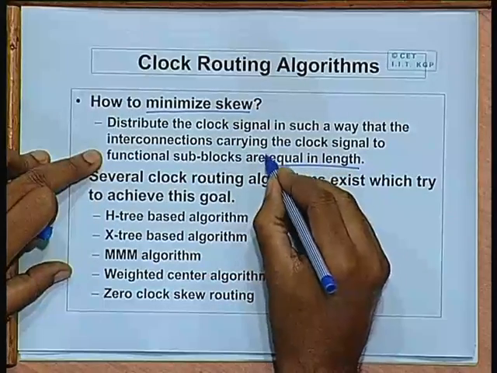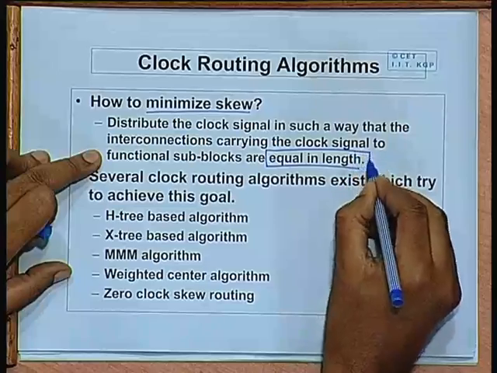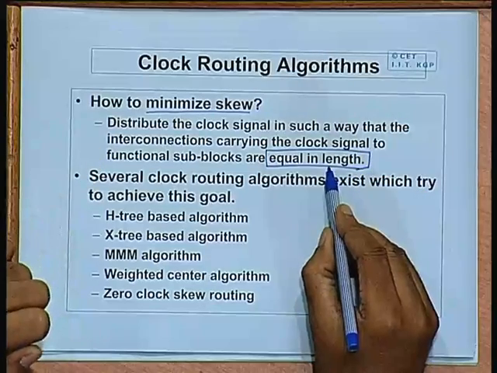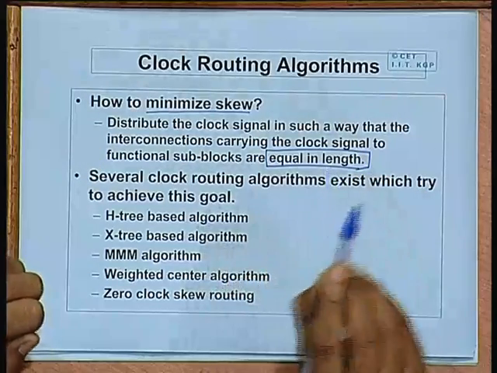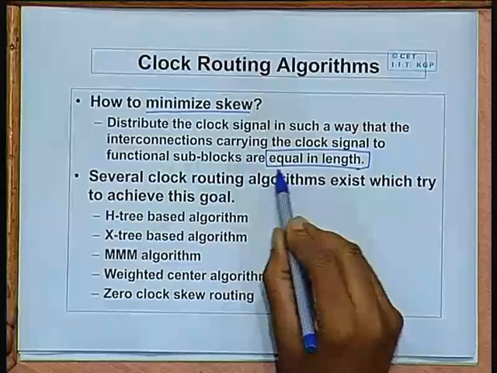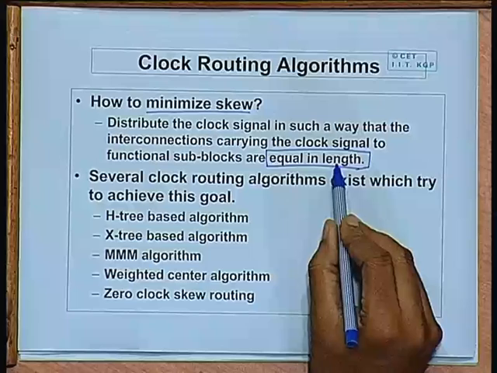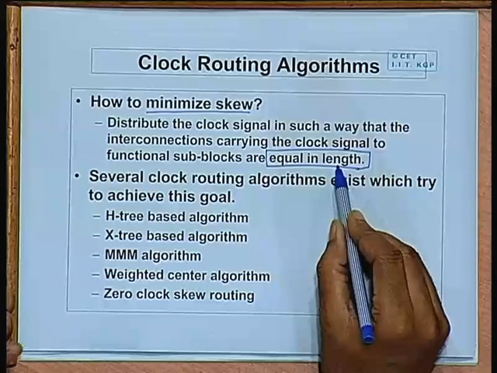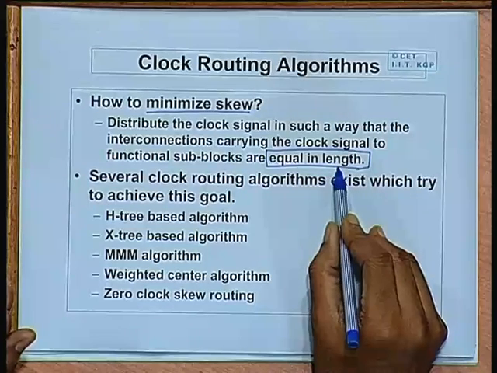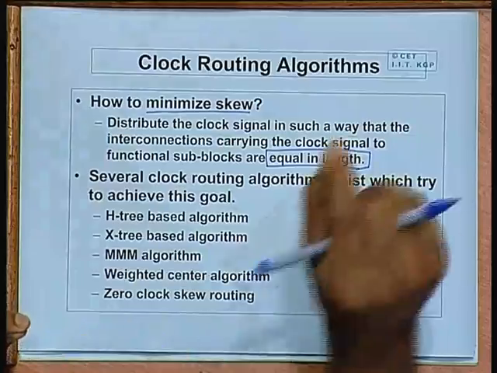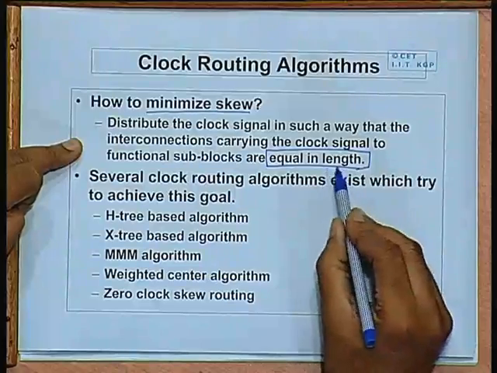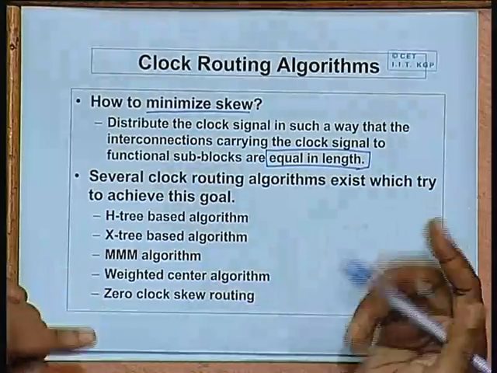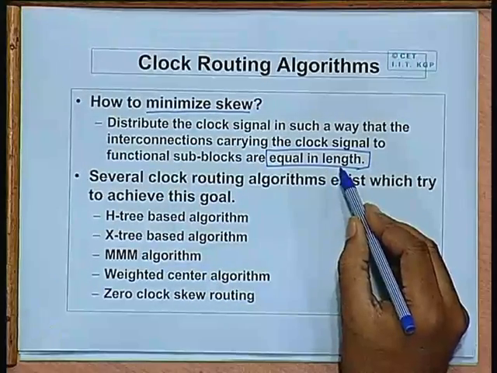So, we have to ensure somehow that from the source of the clock to the destinations where you are connecting finally to the functional pins, they are all equal. Well, length is not the correct term, I should say they are equal in delay. The delay from that point to all those pins should be equal. But as the first approximation, we can say length and delay are proportional. So, we can also consider length as a measure.